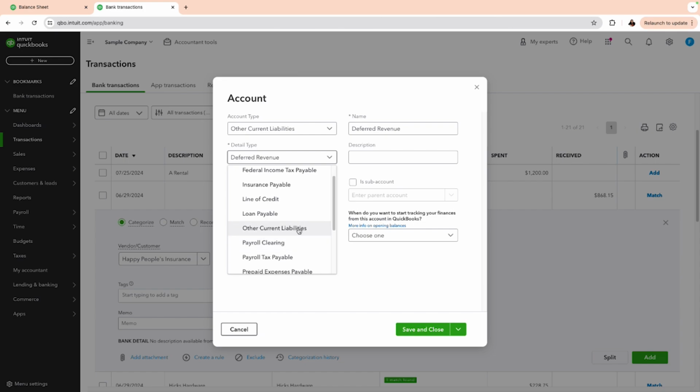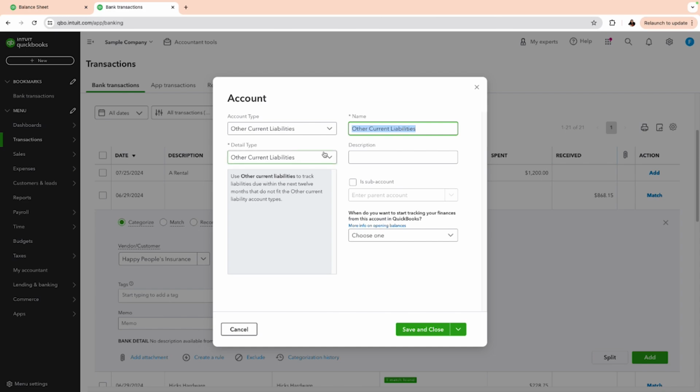I'm just going to call it other current liability, and I'm going to name it case settlement funds liability.